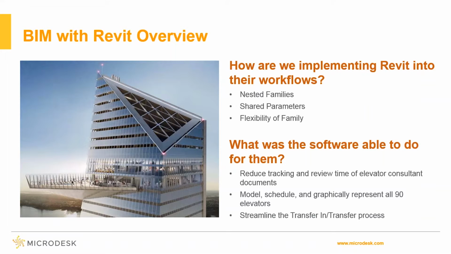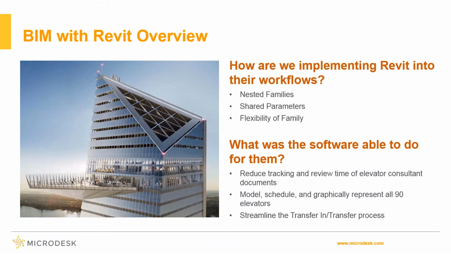Some of the main tools and workflows that we utilized were nested families, shared parameters, and sizing flexibility. This was in order to minimize the overall number of families needed and to really focus on utilizing the types so that this would help with the maintenance and overall organization of the in-house library.